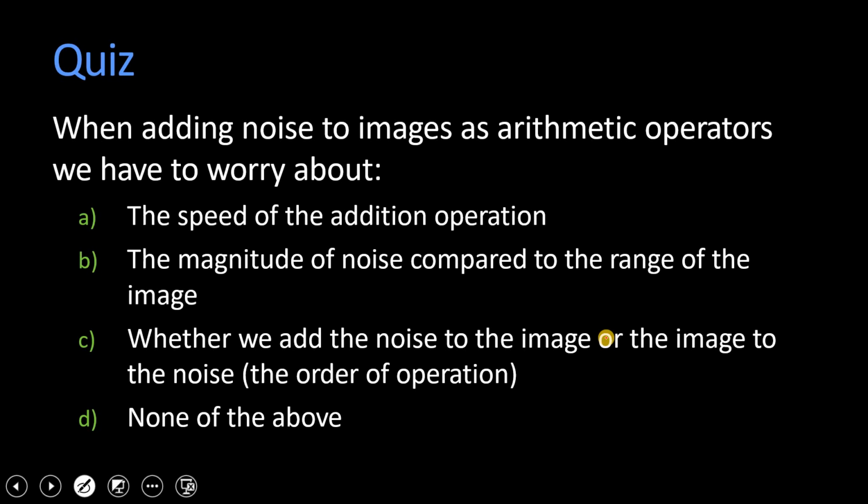The speed of the addition operation, the magnitude of the noise compared to the range of the image, whether we add noise to the image or image to the noise, or none of the above. Now this is a tricky question, I will accept. Okay, let's discuss them one by one. You can pause the video and think of the answer yourself, and then you can compare.